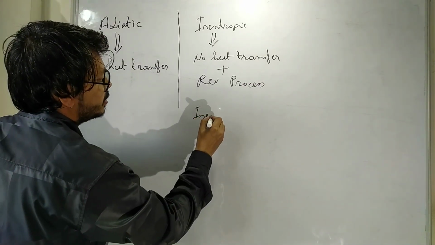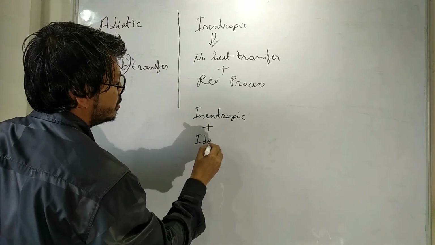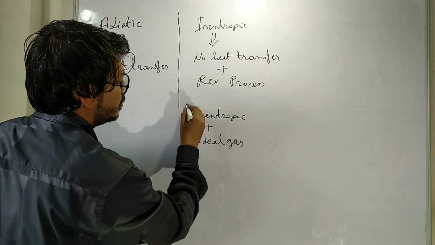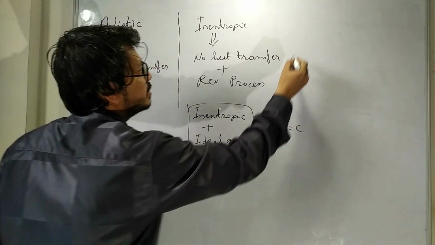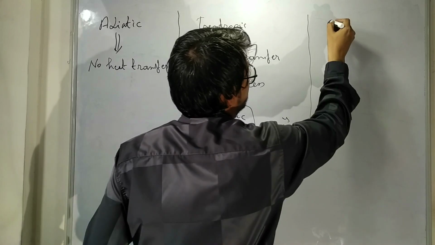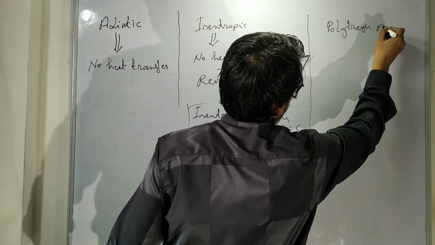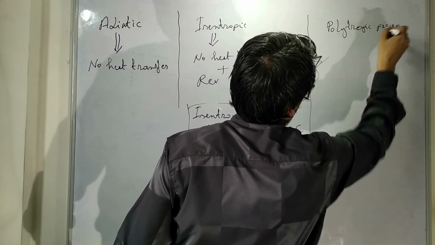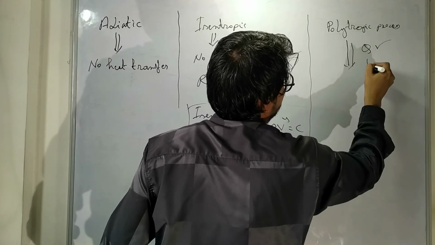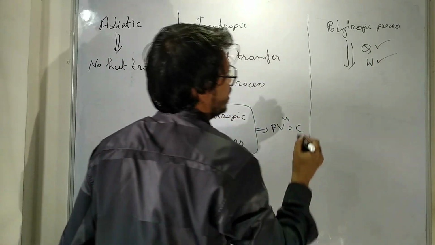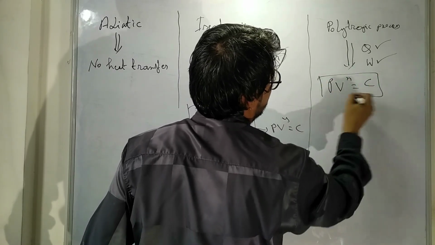Isentropic plus ideal gas, we have PV^gamma equals constant. And for a polytropic process there is heat transfer, there is work transfer, and PV^n equals constant without any assumption.